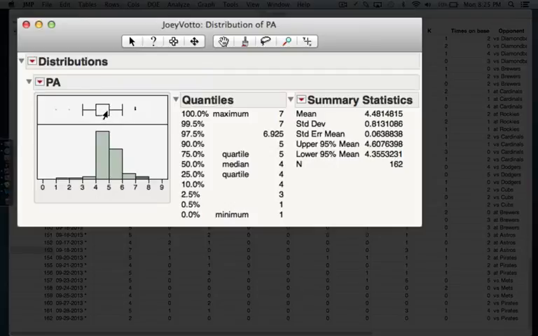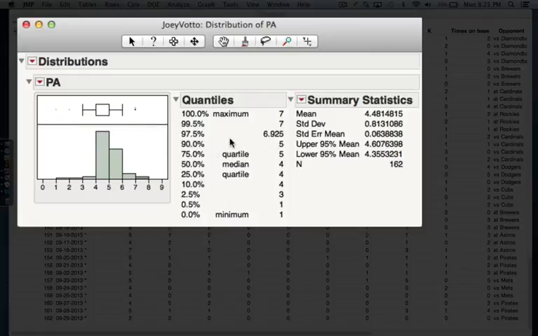So our interquartile range, the distance between the 25th and 75th percentiles, is 1. The whiskers extend to 3 and 6. These points that are not within the whiskers are known as outliers. These are game events that had extremely rare outcomes. We see that they're outliers at 7 and at 1 and 2.